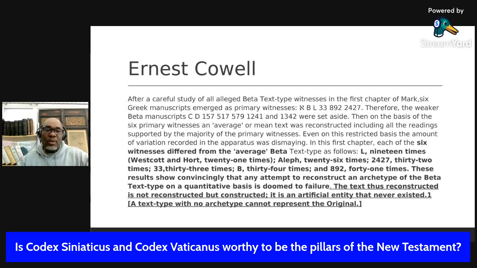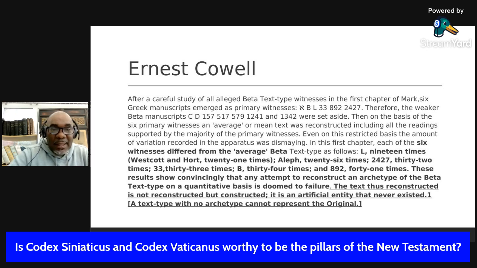Now, this is a very interesting comment by Ernest Cowell. I have to read this one in full. After careful study of all the alleged beta type witnesses, which is the Alexandrian, in the first chapter of Mark, just one whole chapter of Mark, 6 Greek manuscripts emerged as the primary witnesses: Aleph, which is Codex Sinaiticus, B, Codex Vaticanus, L, minuscule 33, minuscule 892, minuscule 2427.